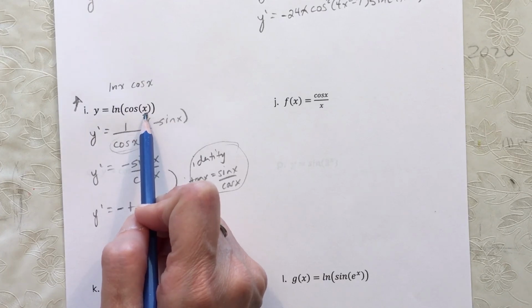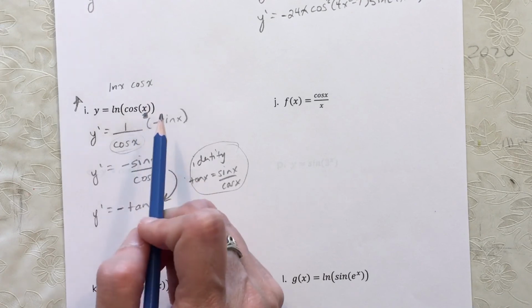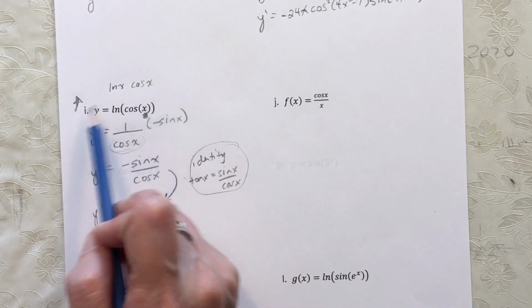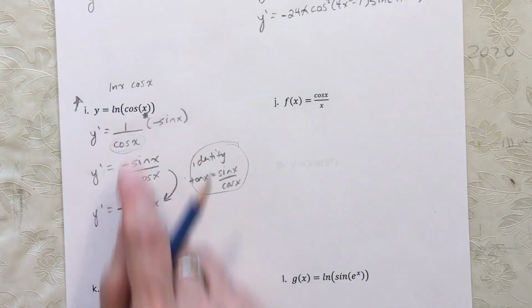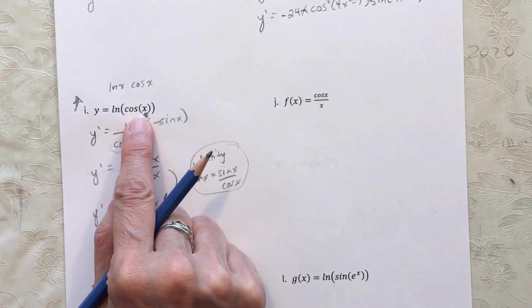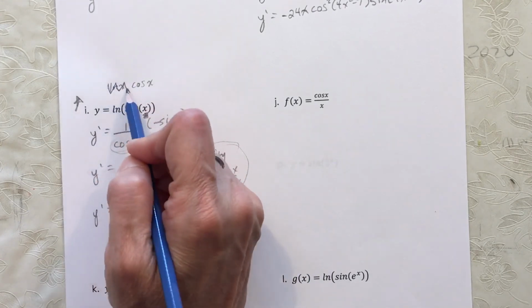So that means it's not a product rule or a quotient rule. That's another thing I remember from previous years people struggling with. To me it looks like a ln times a cos. It's not. It's the ln of the cos of x, and the x is only in one spot, which tells you that it's not a product rule or a quotient rule question.